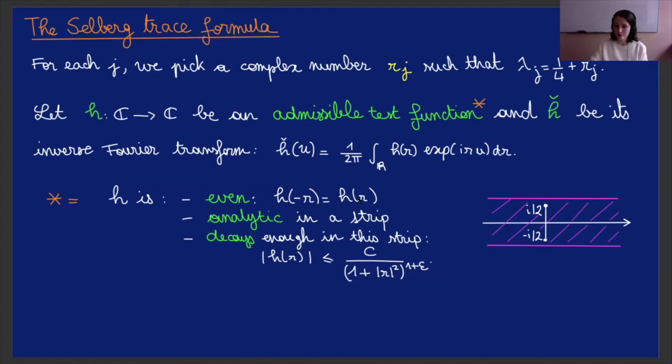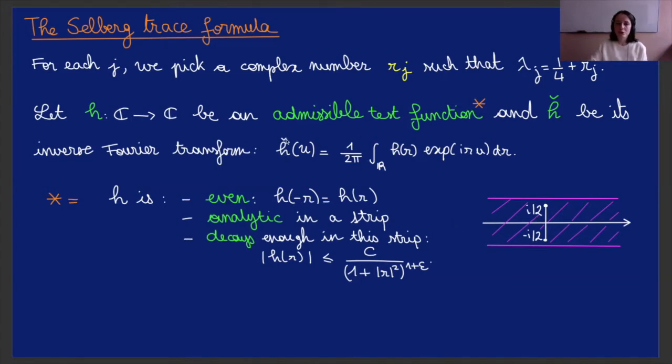It needs to be analytic in a strip containing all the possible r's. And it needs to have a nice norm decay. So here, a polynomial decay, for instance, a bit better than 1 over r squared. So when you go to the edges of the strip, it needs to decay fast enough. So that's nothing too dramatic.